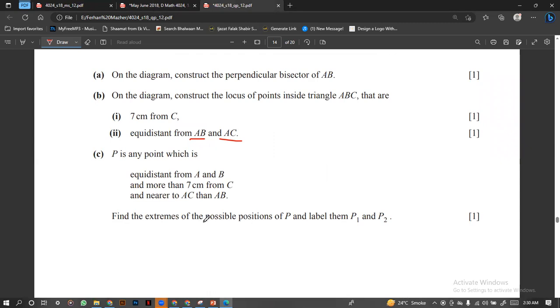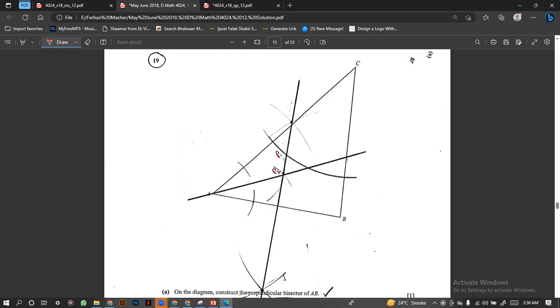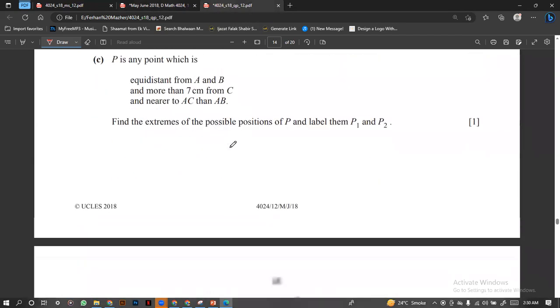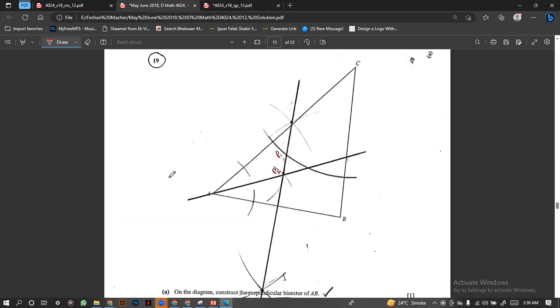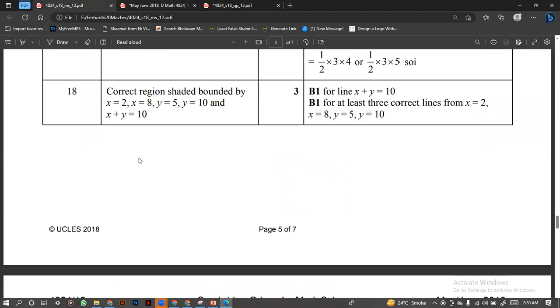Find the extremes of the possible positions of P and label them P1 and P2. So this will be P1 and this will be P2. These are the two extreme positions, and then you just have to label them. Okay, so we are done with this.